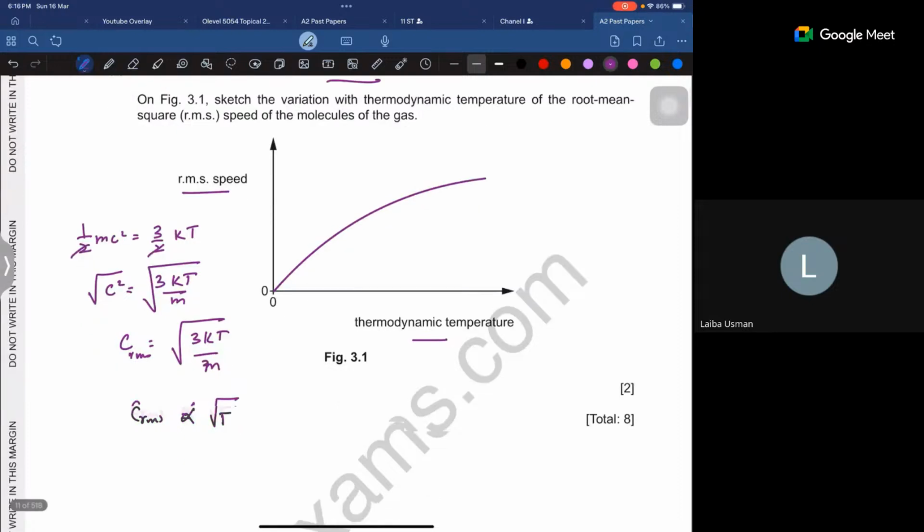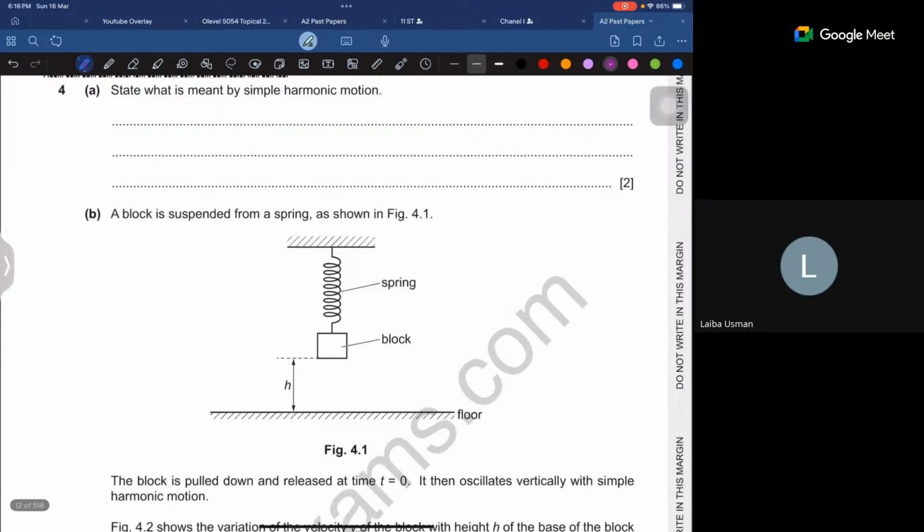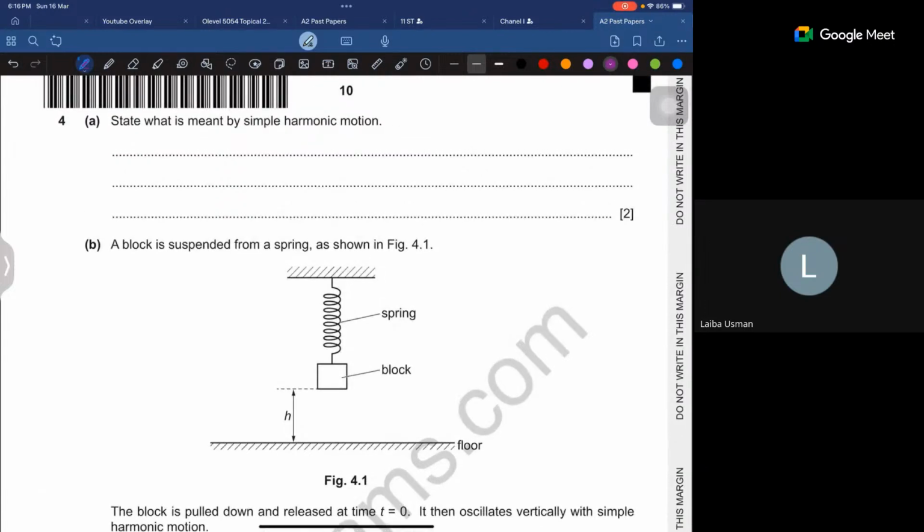All right, so going forward to the next, which is question number 4, and that is: what is meant by simple harmonic motion? Again, it's a 2-mark definition, and we're going to write it in 2 steps. Again, you don't need to write 1 and 2. This is just me writing for you. So we're going to say: magnitude of acceleration is directly proportional to magnitude of displacement.